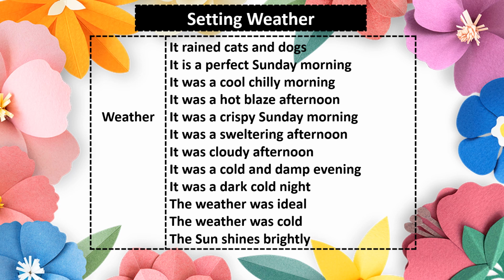Hot blaze is very scorching hot. Next, it was a crispy Sunday morning. It was a sweltering afternoon. It was a cloudy afternoon. It was a cold and damp evening. It was a dark, cold night. The weather was ideal. The weather was cold, or the sun shines brightly. So for this setting, you can write 1 or 2 sentences telling about how the day looks like.